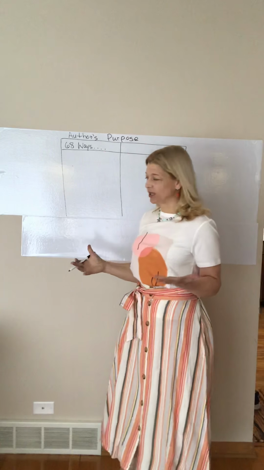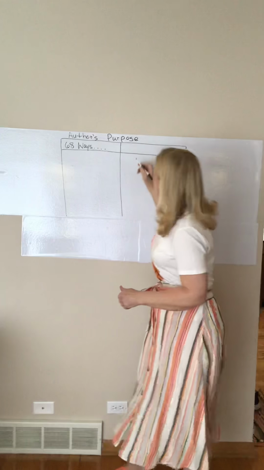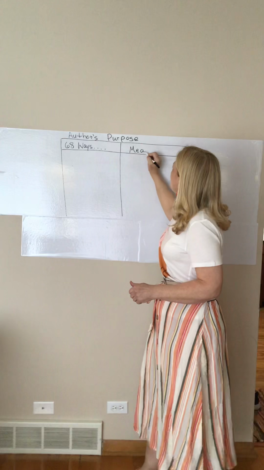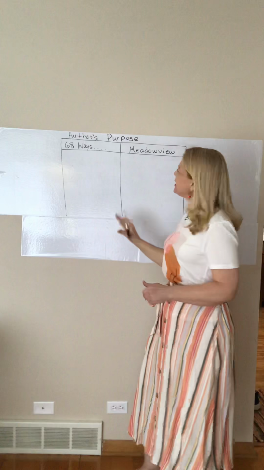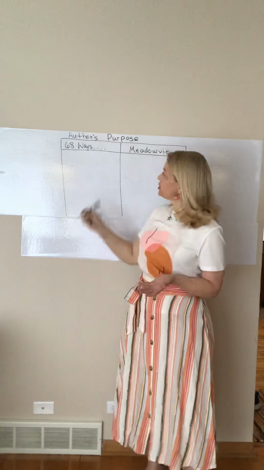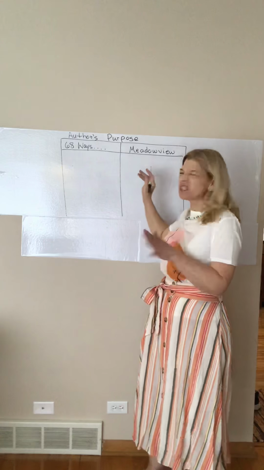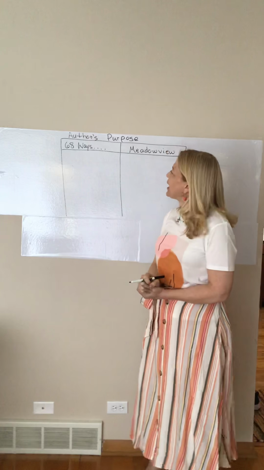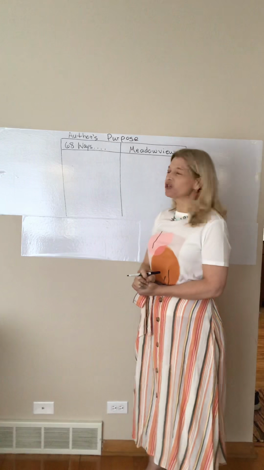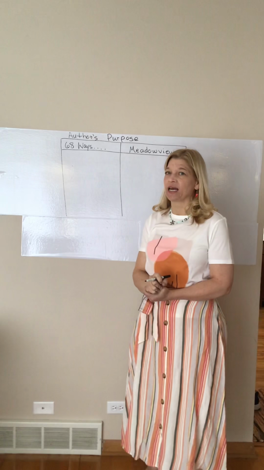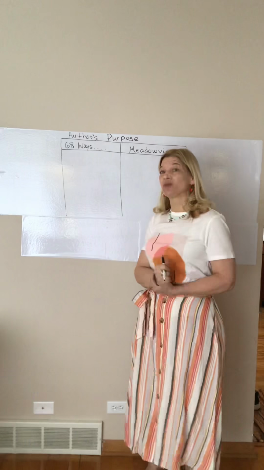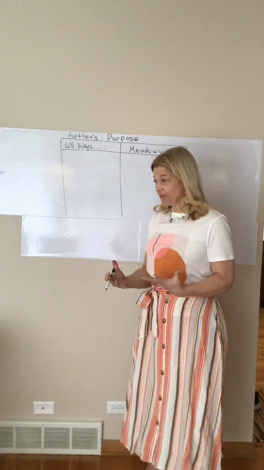I think we all know which book I'm talking about. And over here, I'm just going to call it Meadowview. Again, this is a note-taking format. I'm using this graphic organizer similar to a T-chart. And I want to identify the author's purpose so that when I get ready to finish up my opinion piece that I've been working on, I can use some of the details from this organizer to help me.